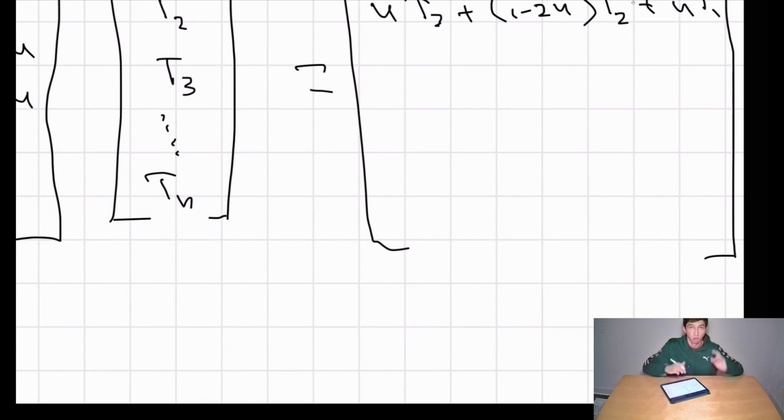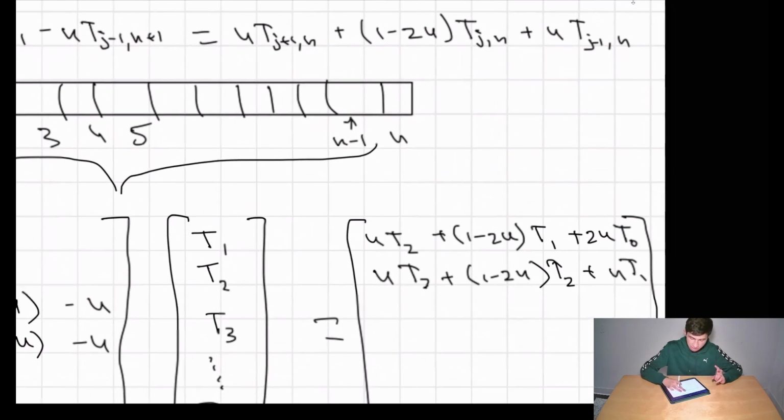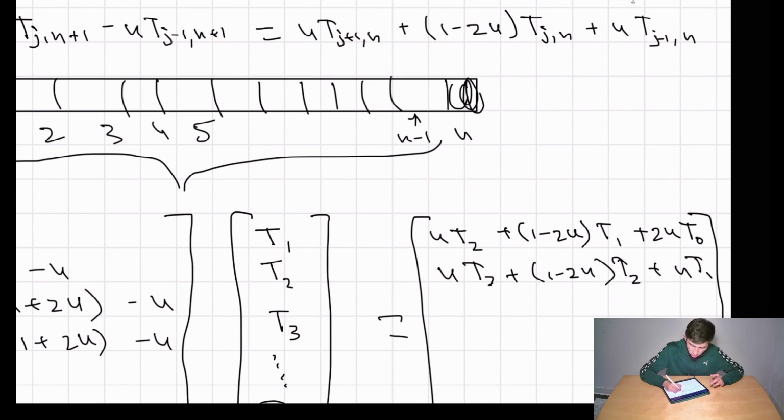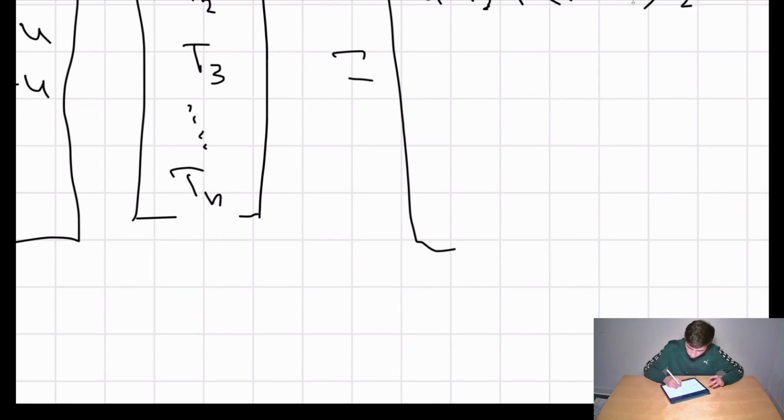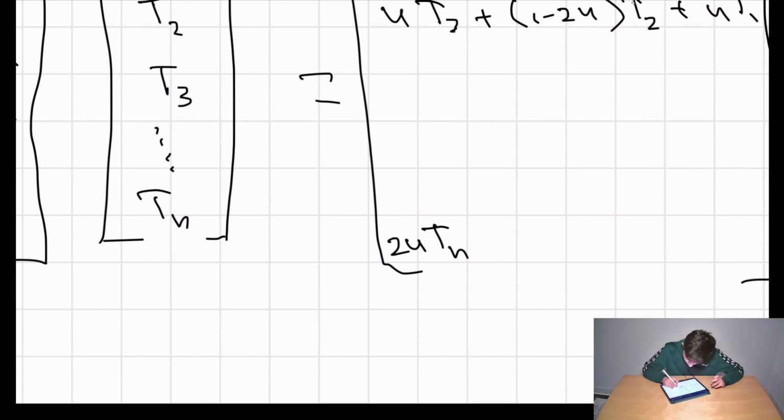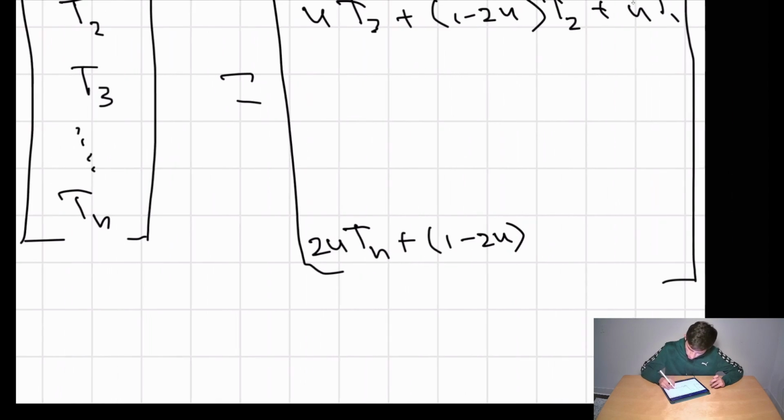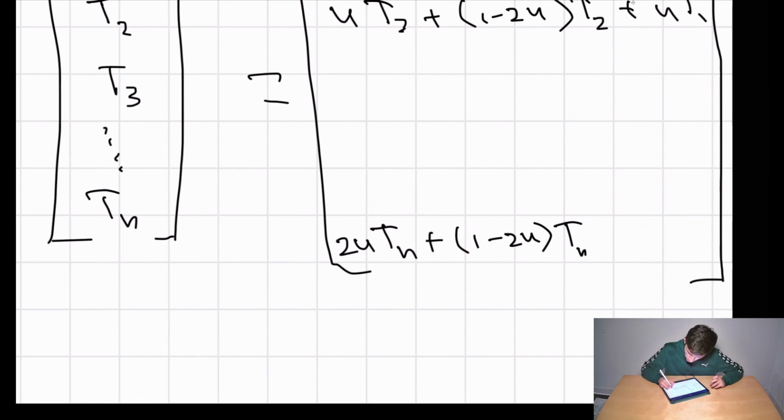I'm going to have 2 Tn's because we're also considering the right hand side, right? So it's 2 times u Tn plus 1 minus 2u times T n minus 1 plus u times T n minus 2.